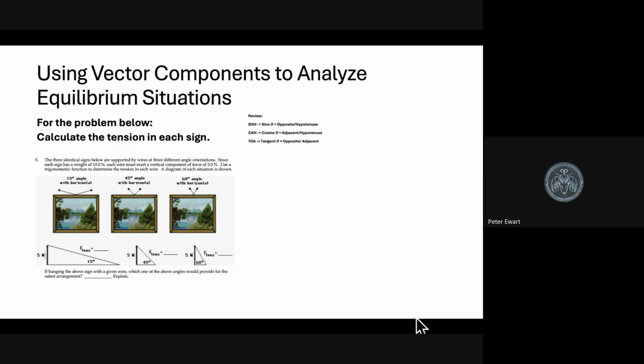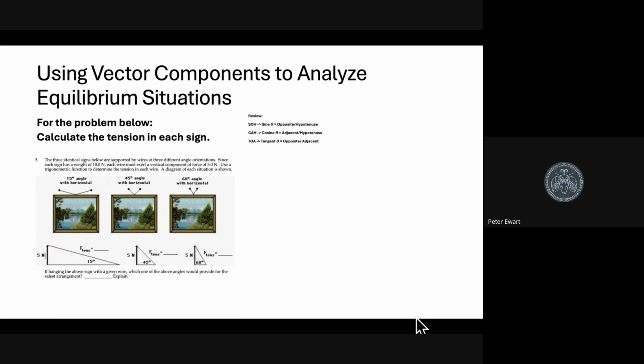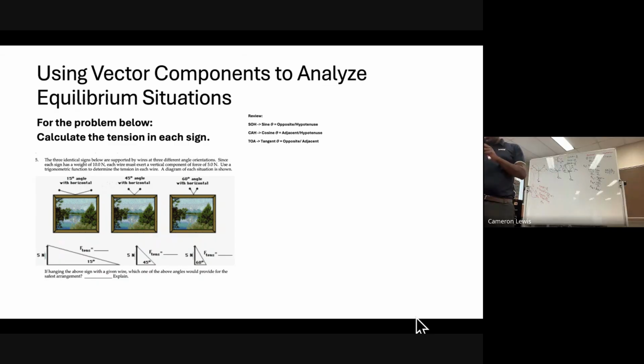Sorry, you're doing 45? 15. Oh, I got 19.3 newtons. Let me see. That's what I got. Your calculator's in radians. Oh. Yes, it is 19.3. I got the same thing.